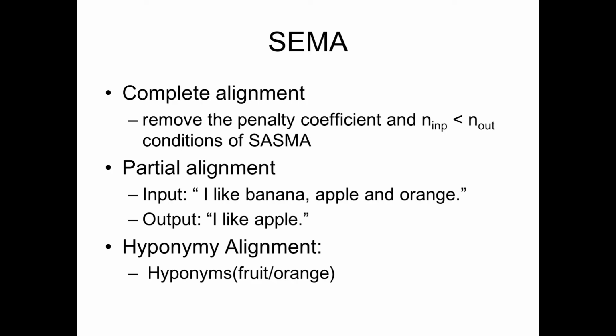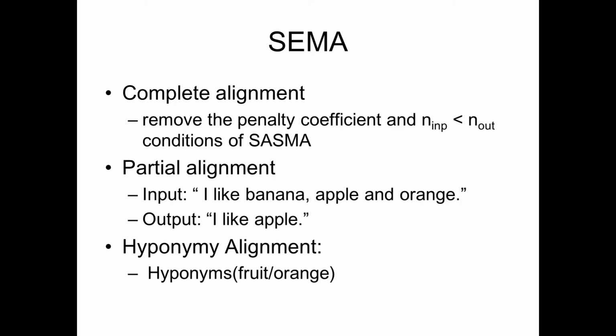Partial alignment. SAMSA requires that the smallest unit of the participant in the scene match the word of the output sentence. For the case where a participant contains multiple smallest units, SAMSA requires that all the smallest units should be matched to get score 1, otherwise it is 0.